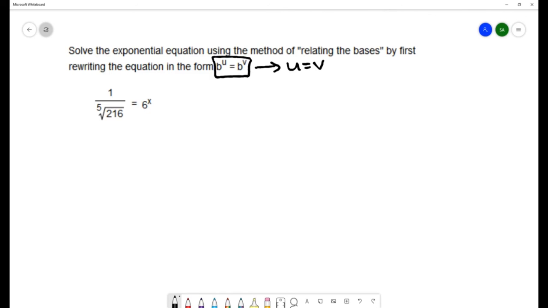This question has 1 over the 5th root of 216 equals 6 to the x. Now I have a base of 6 on the right-hand side, and on the left-hand side I have 216, which I believe is 6 to the 3rd power. Let me just double check on that.